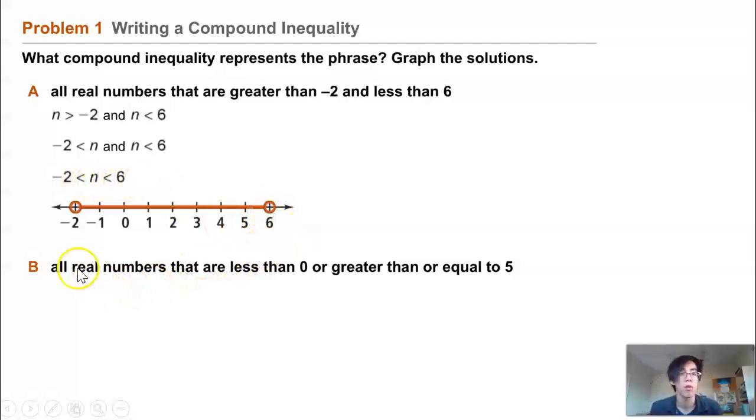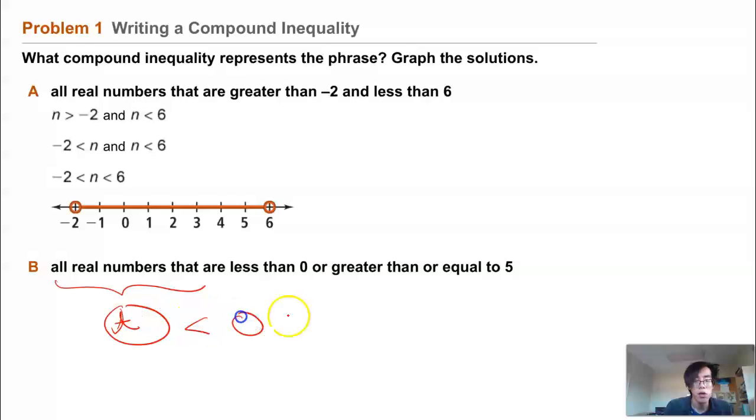Now, what about all real numbers that are less than 0 or greater than or equal to 5? Once again, all real numbers is going to represent my variable. So I'm going to choose the letter t this time. So t is less than 0 or t is greater than or equal to 5.